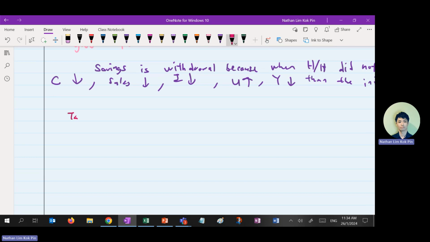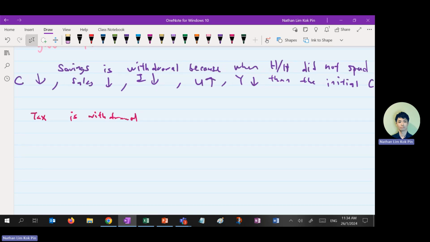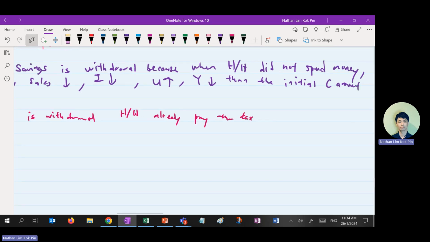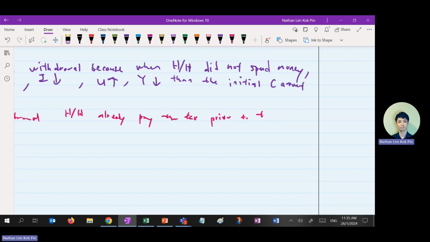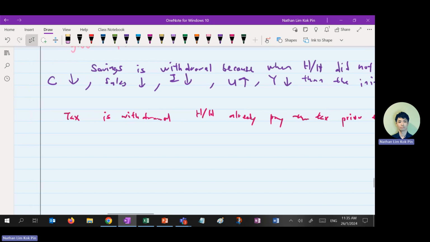Taxation is a withdrawal because, what? Households already paid the tax prior to them receiving their income.